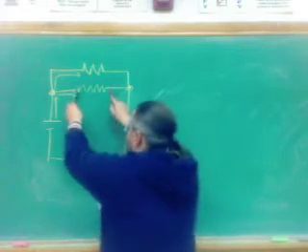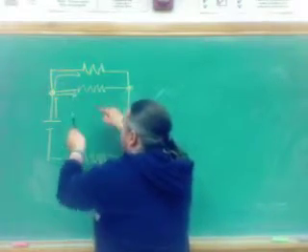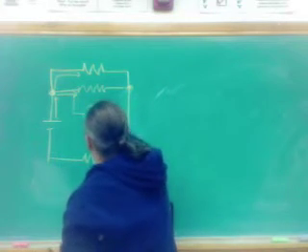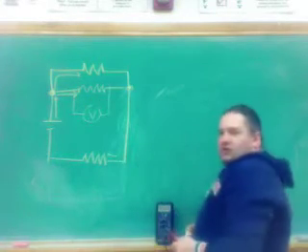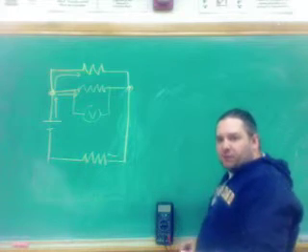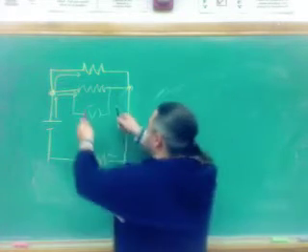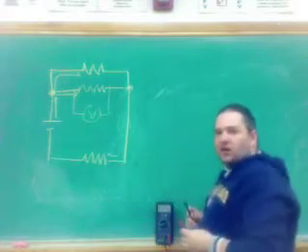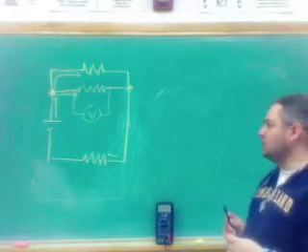You could literally do this, measuring the potential across that section of the circuit. You'd develop something like this. But if you were trying to do this and you ended up doing this, you're not going to get the same reading. Okay? Cool?